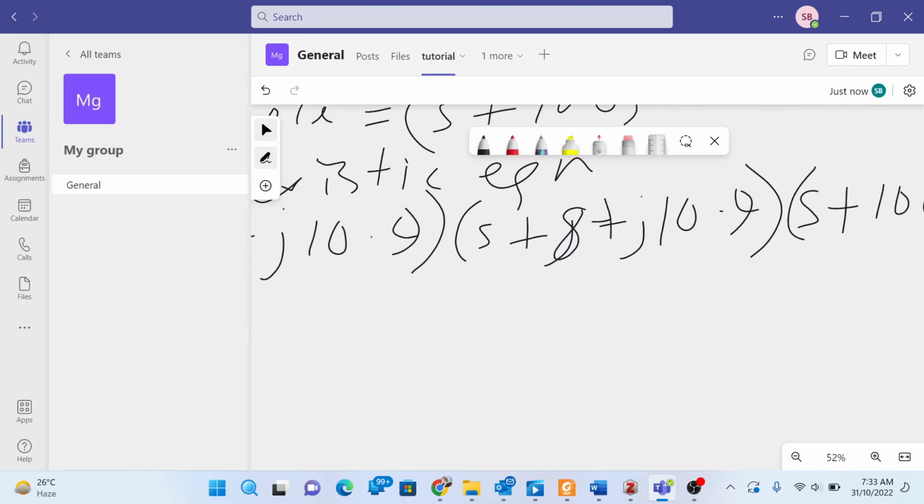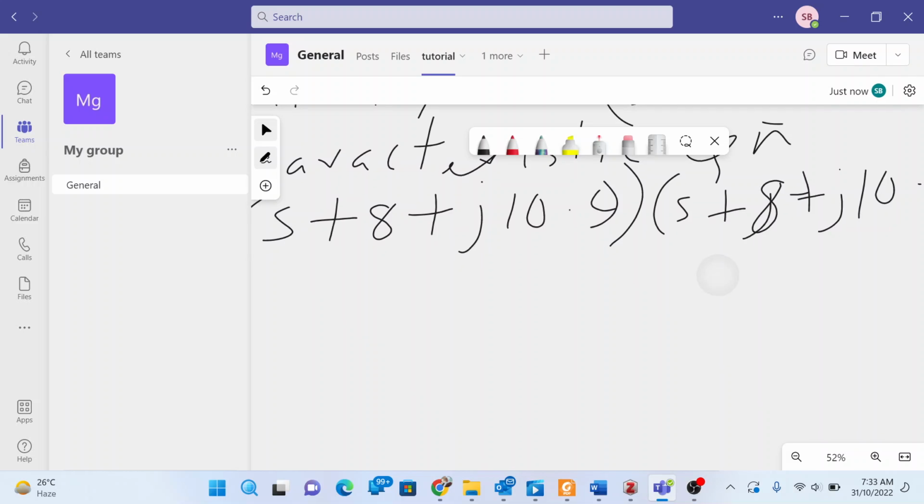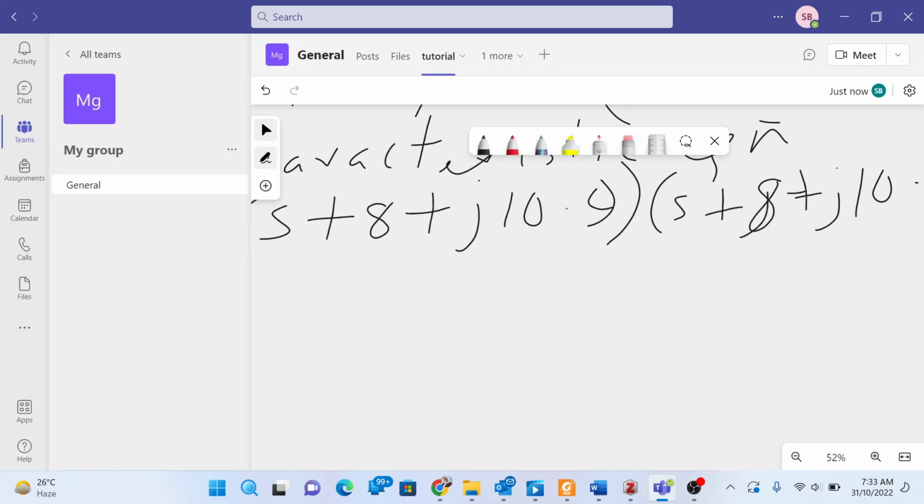So we'll now expand this characteristic equation. This one is a complex conjugate, that is S plus 8 plus j10.9 and S plus 8 minus j10.9. Now S plus 8 is the real part, then 10.9 is the imaginary part.